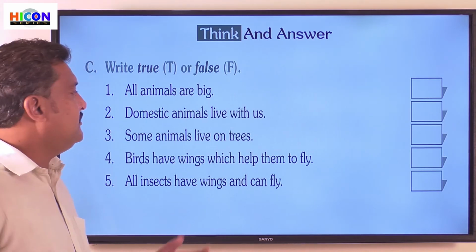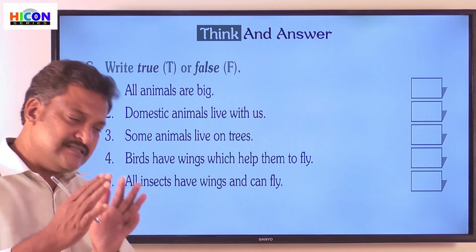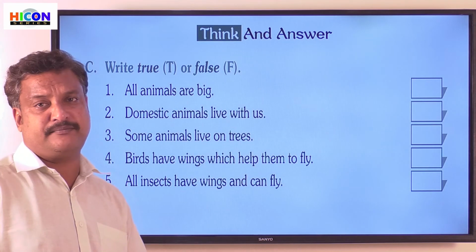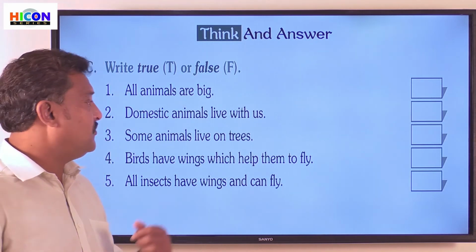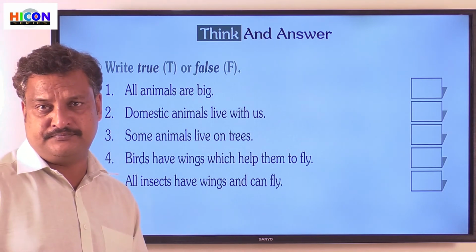If what the sentences say and what we have learned are the same, then we consider the statement a true one. If there is a difference between what we have learned and what is written in the sentence, then we state it as false.